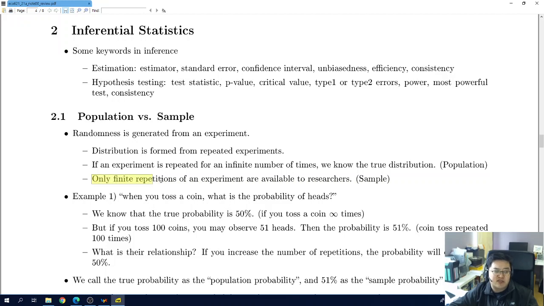But usually, of course, an infinite number of observations is not available. So you have finite repetitions only. Finite repetitions of an experiment are available to researchers, and we call that a sample. So researchers only have a sample, but would like to understand the population. That's the basic relationship between them.